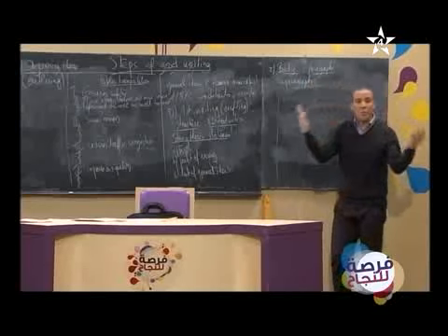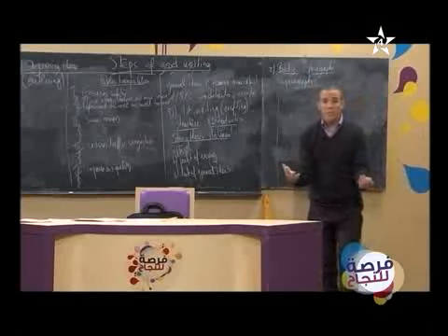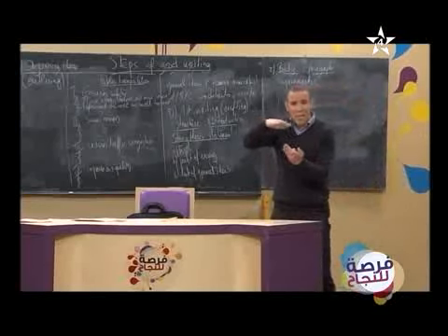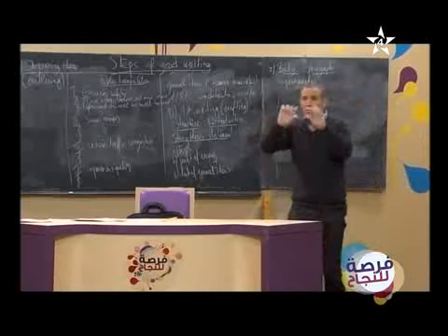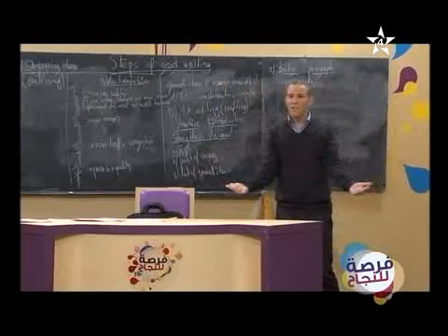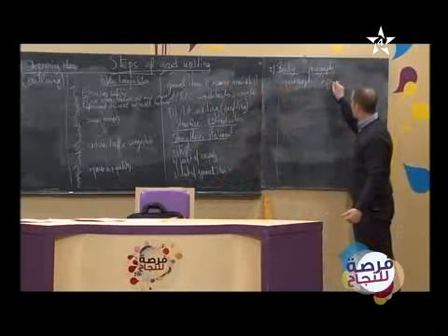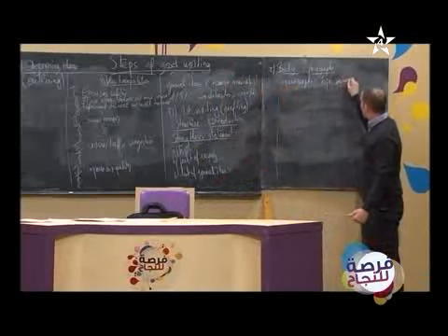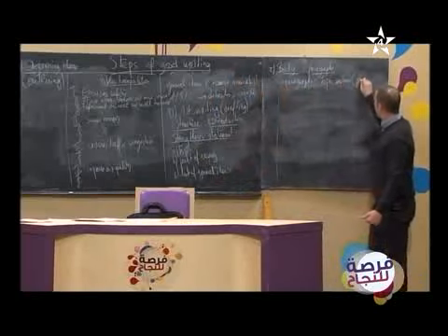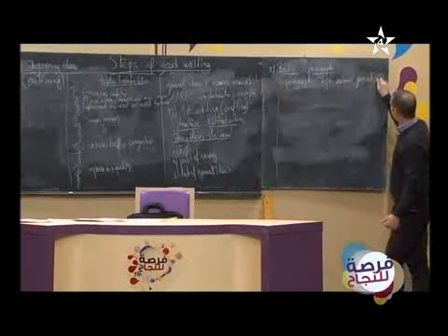A paragraph is a group of sentences. But are these sentences all the same? No. The first sentence is always what? General. The general idea. So it means the first sentence is always the topic sentence. It gives you the general idea.